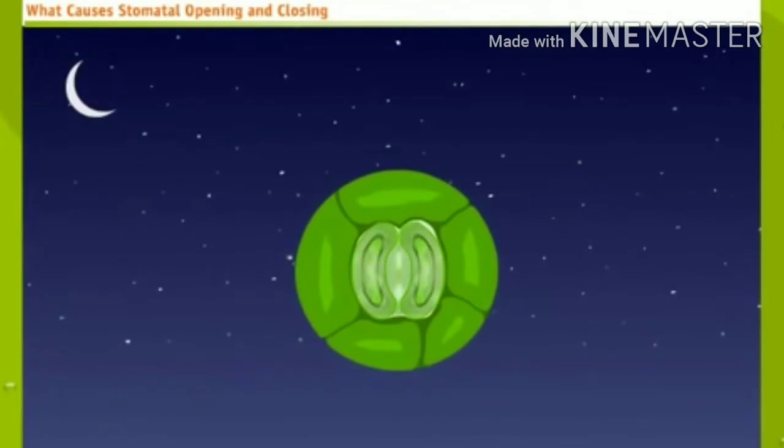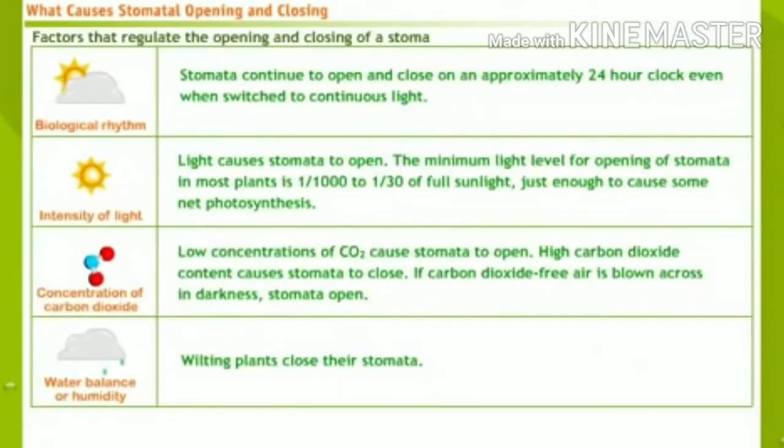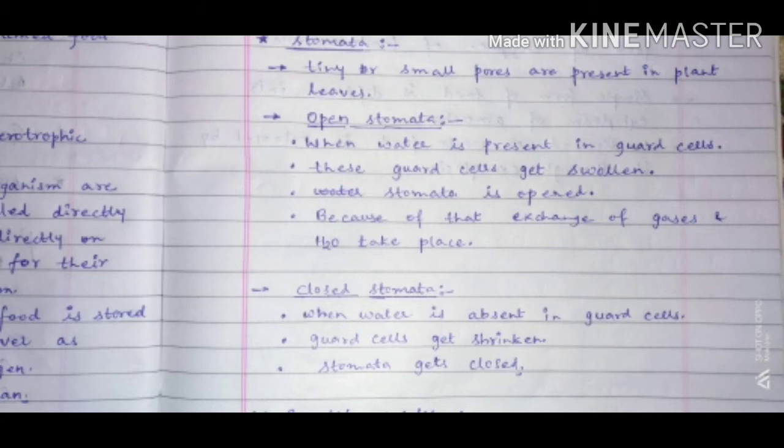This process you can mostly see during the night. Because of the opening of these stomata, the exchange of gases takes place, and this is very important for the process of photosynthesis.